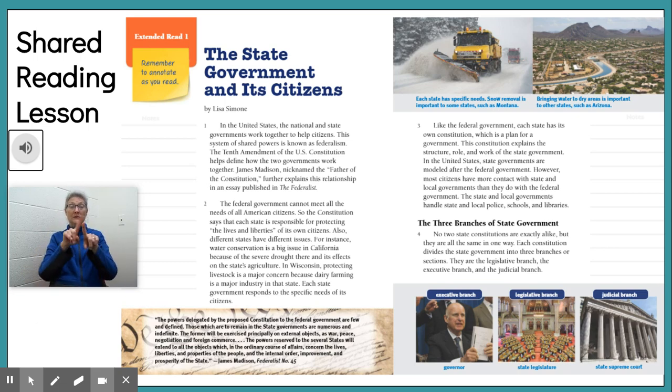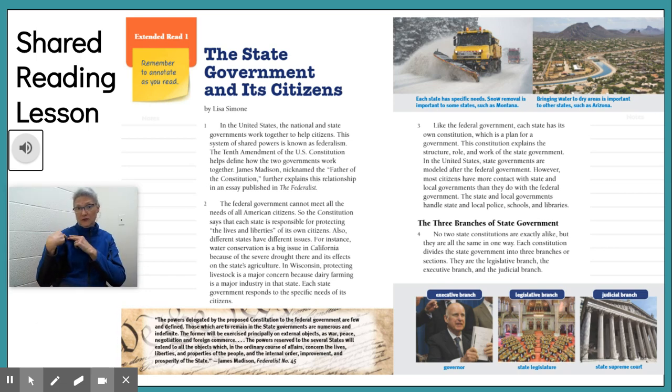Also, different states have different issues. For instance, water conservation is a big issue in California because of the severe drought there and its effects on the state's agriculture. In Wisconsin, protecting livestock is a major concern because dairy farming is a major industry in the state. Each state government responds to the specific needs of its citizens.